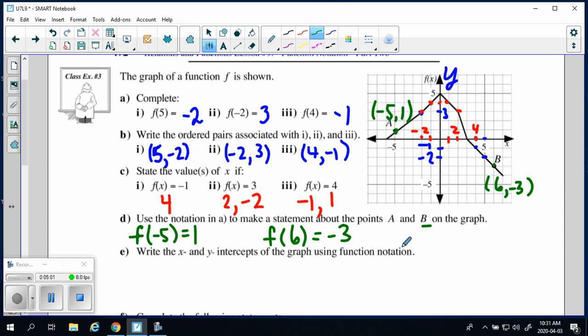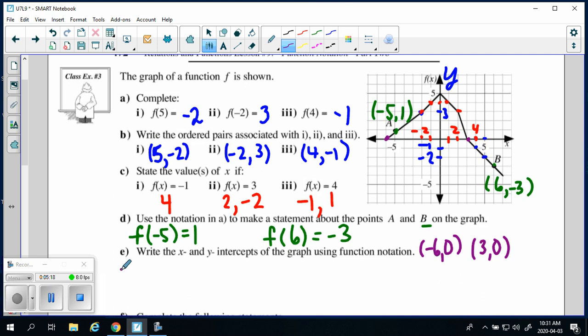Last question. Write the x and y intercepts of the graph using function notation. So first we have to locate the x and y intercepts of the graph. So I have x-intercepts here and here. So I have an x-intercept at negative 6, comma 0, and another one at 3, comma 0.